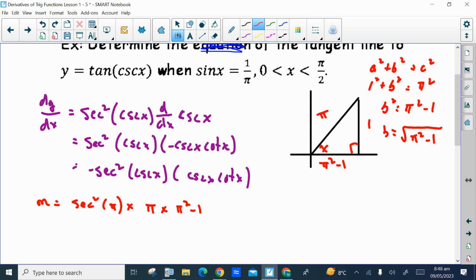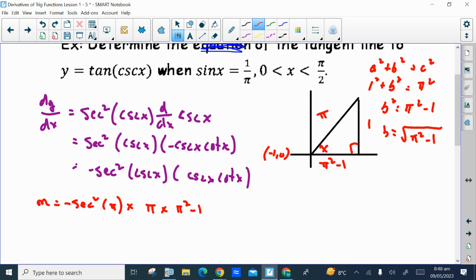And we can go further here because we can evaluate what the secant of pi is. If we look at pi radians, which is over here, did I forget the negative? I did, yeah. Pi radians is here, and the coordinates there are negative 1, 0. Secant is the reciprocal of cosine.